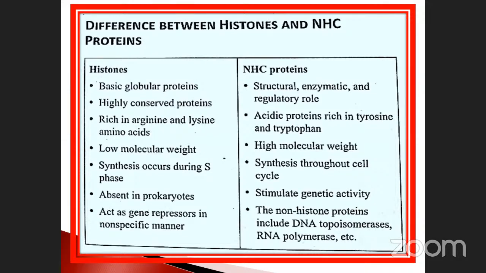Absent in prokaryote. This is very, very important. Histone protein is completely absent in prokaryotes. But non-histone proteins stimulate genetic activity. This is an extra point: they act as gene repressors in a non-specific manner. The non-histone proteins include DNA topoisomerase enzymes and RNA polymerase.